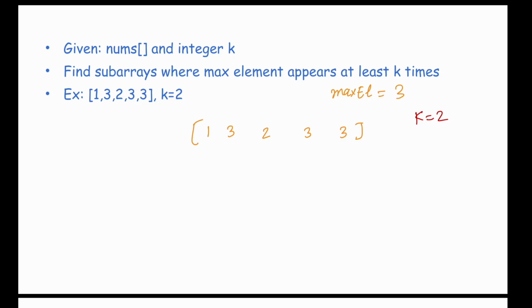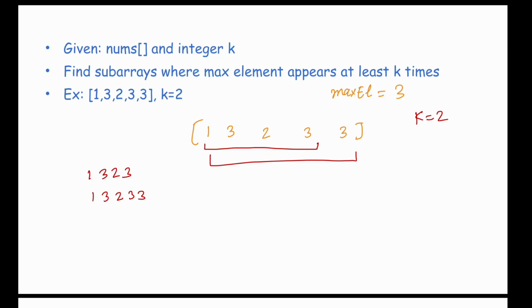Let's see how many subarrays we have which satisfy the given condition. So we have the outer one, this one, 1, 3, 2, 3, and then we have this one as well, 1, 3, 2, 3, 3. Count of 3 is greater than 2, which is 3 over here.